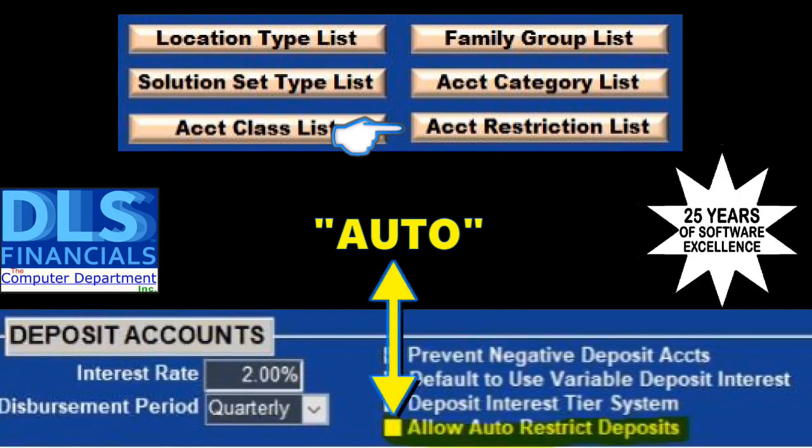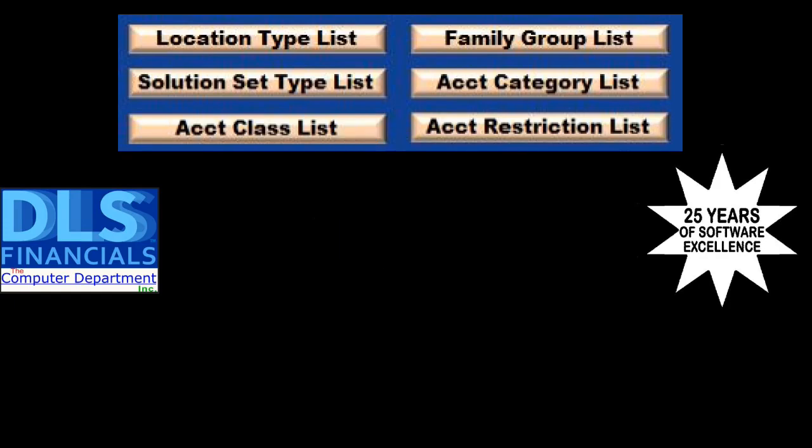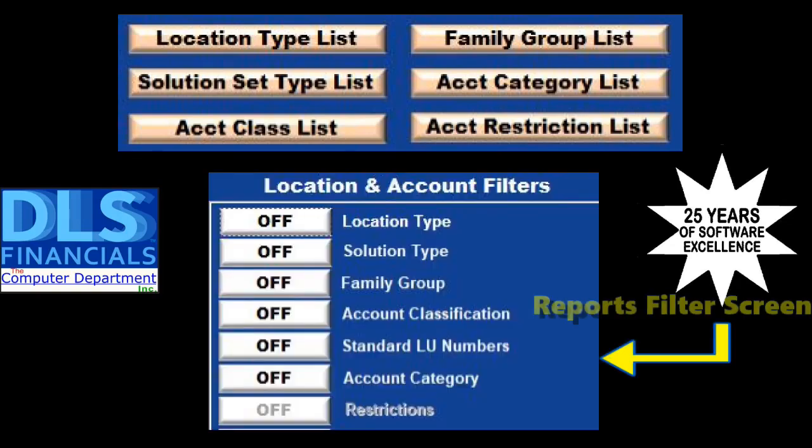With the switch in the DLS Financials configuration form on the Accounts tab for Deposit section, it will cause DLS to automatically add any deposits for that account into the restricted amount field. All of these lists are used to make it easier to filter data in reports to show only specific types of locations or accounts in the data that is being reported on.